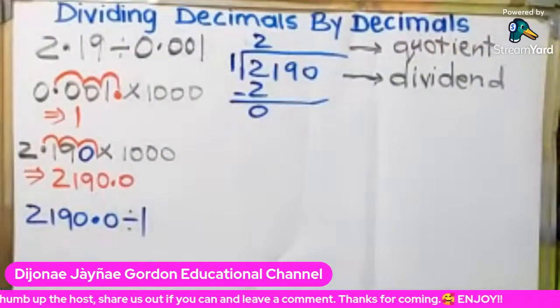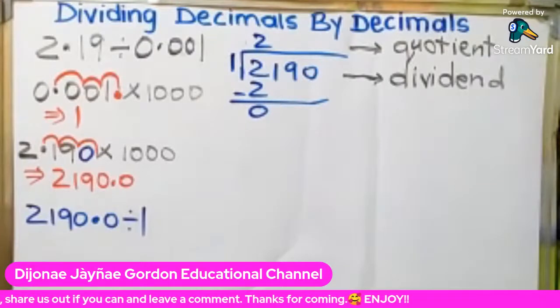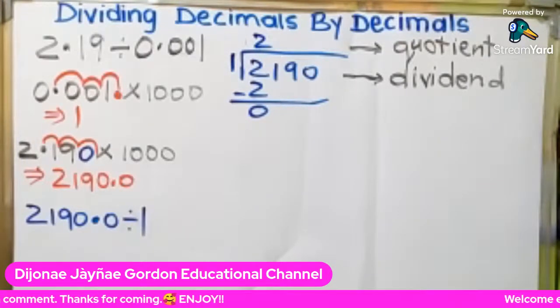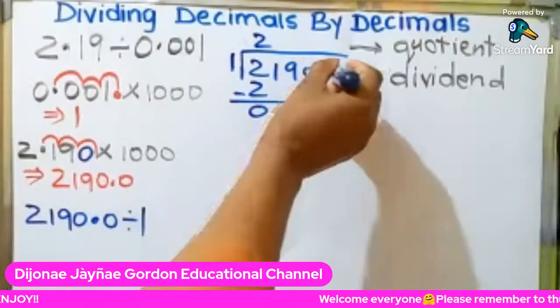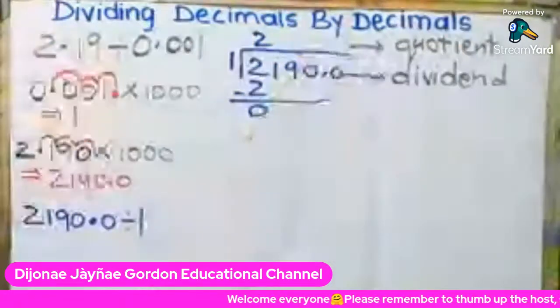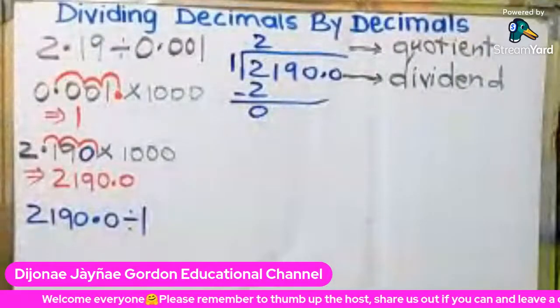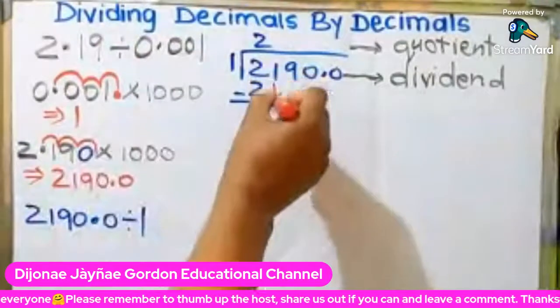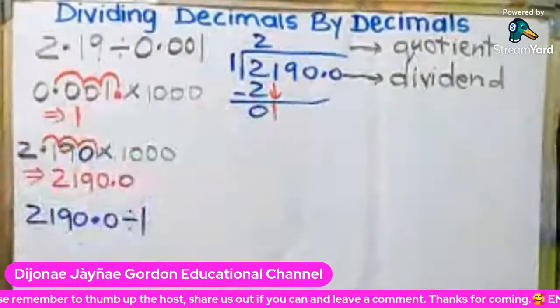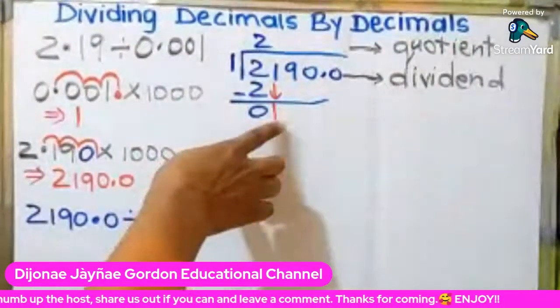So the next thing we're going to do is to look to see what is next in line. And of course that is numeral 1. We're going to bring it right down, and we're going to ask ourselves, how many groups of 1 can we get from this 1?